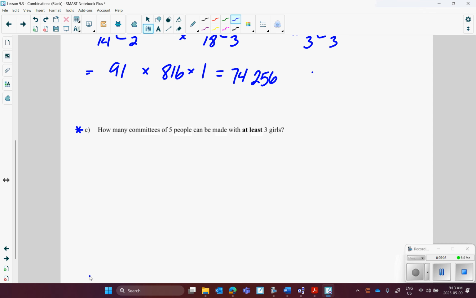I could have a committee with 3 girls. Does that have at least 3? I could have another set of committees with 4 girls, and I could have another set of committees with 5 girls. So I've got to find 3 different things, and therefore it's one, or that one, or that one, which means add.